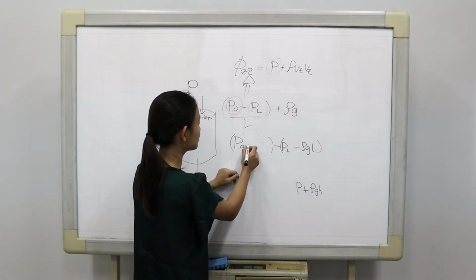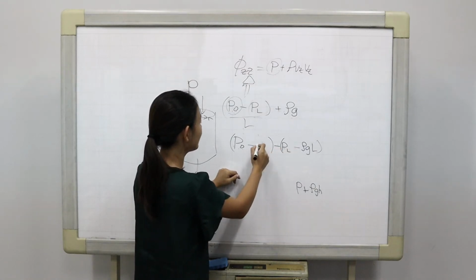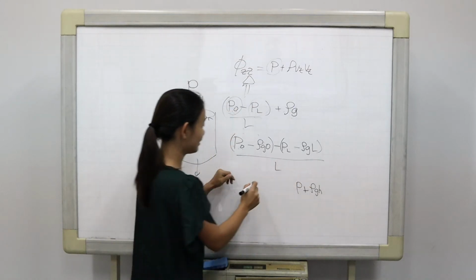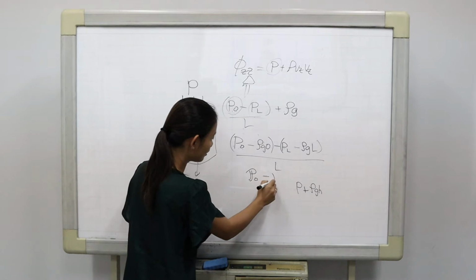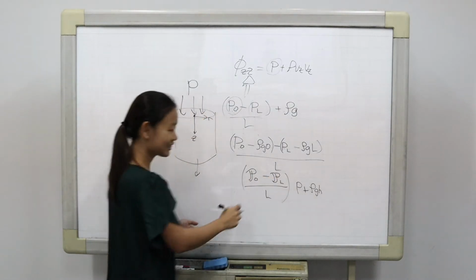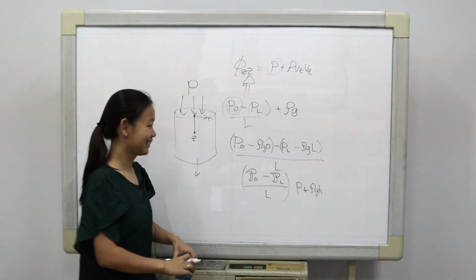On this part also should have minus to make it similar, and we have rho g 0, which is 0. Then divide by L. So at the end I have modified pressure 0 minus modified pressure L, divided by L. That's how to do it. I never memorize.